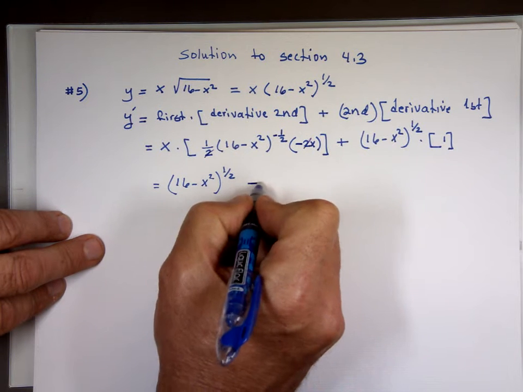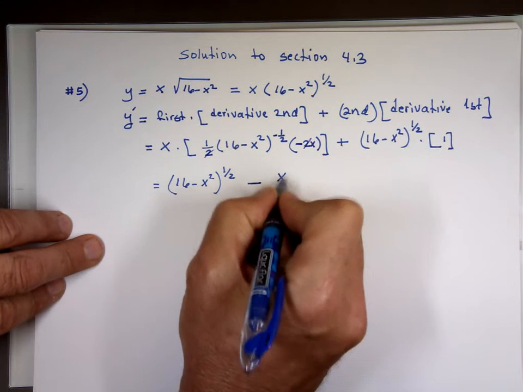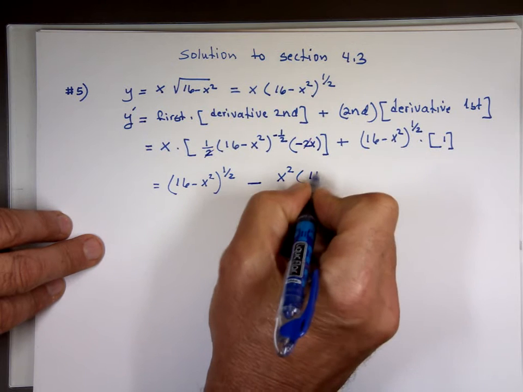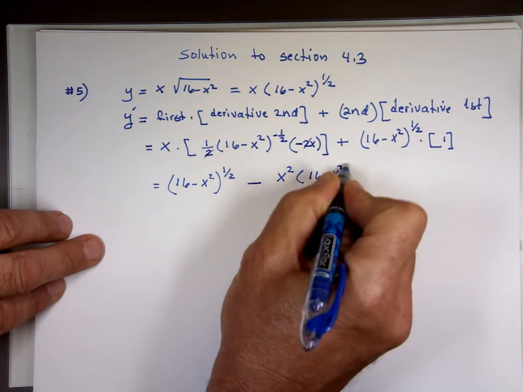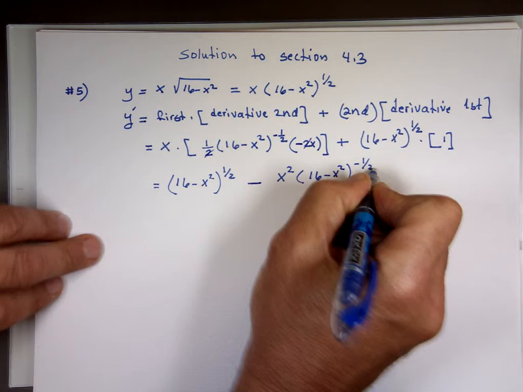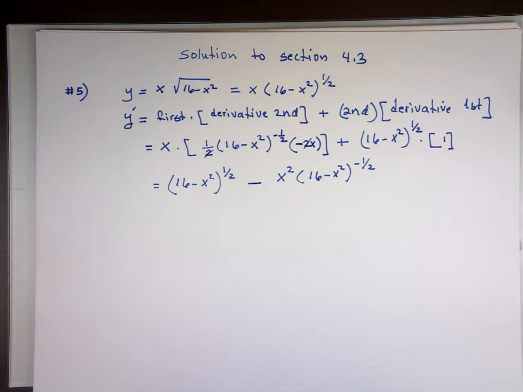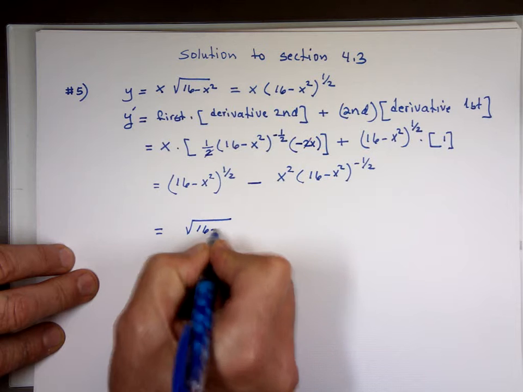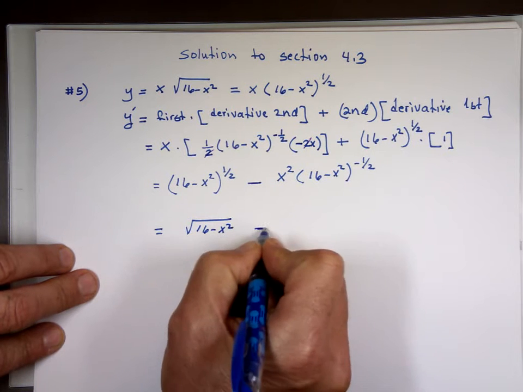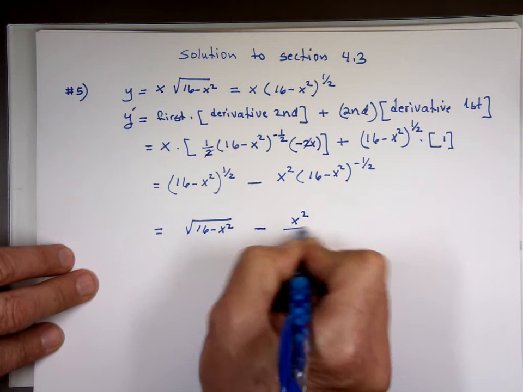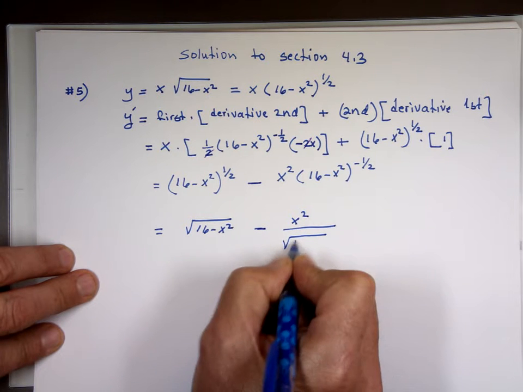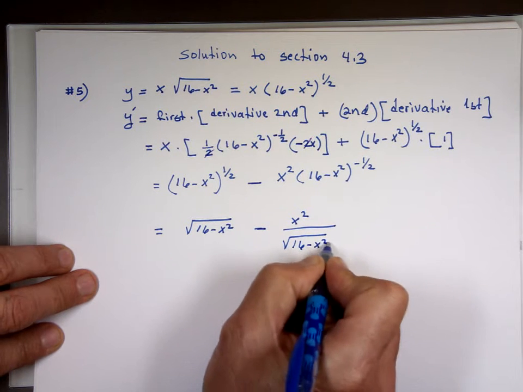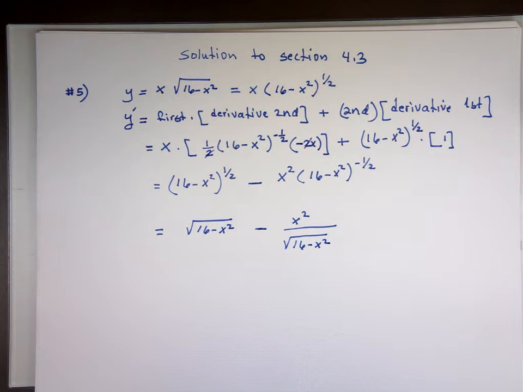That's minus what? x squared times 16 minus x squared to what power? Negative 1/2. That's what I have so far.